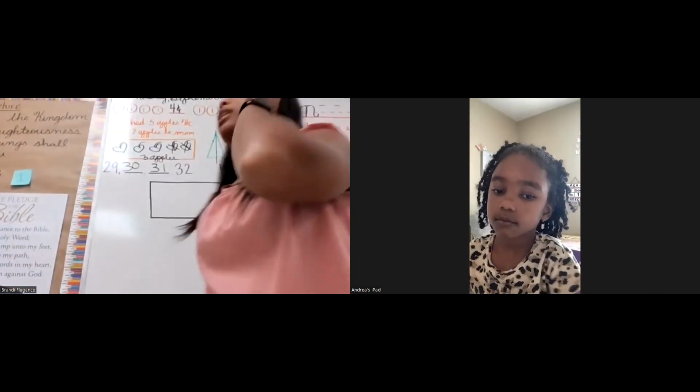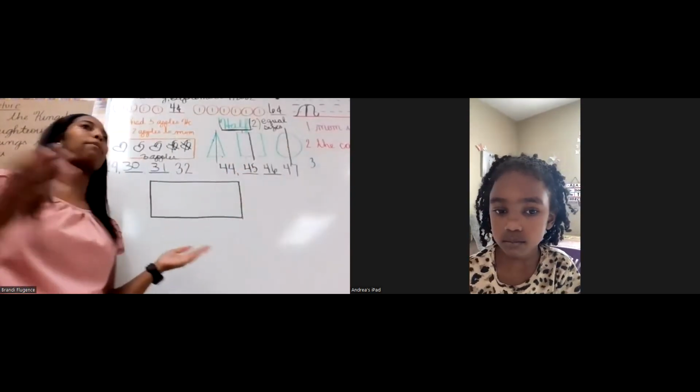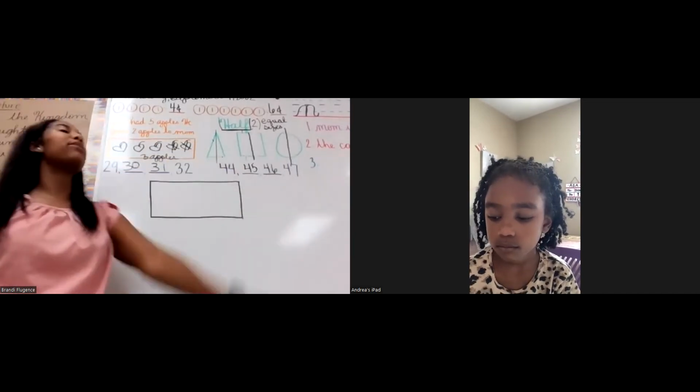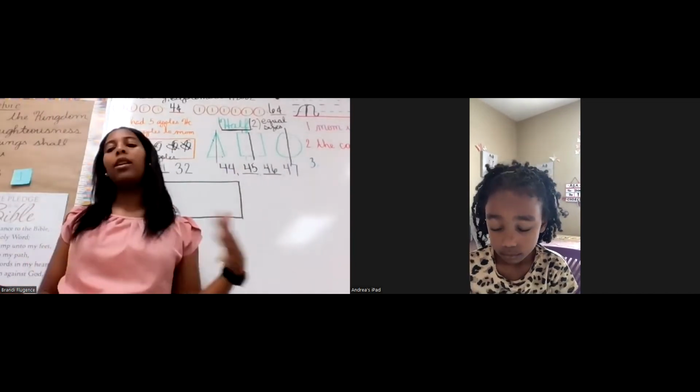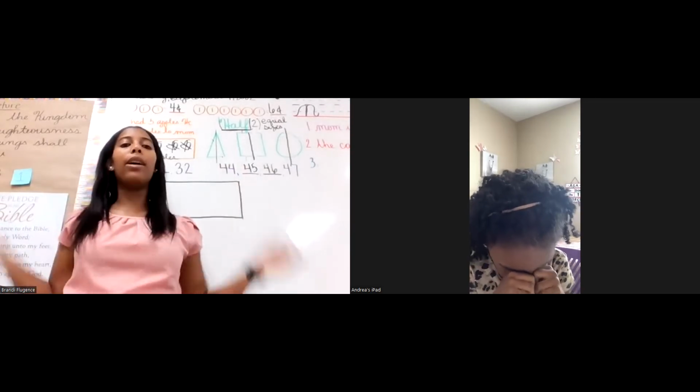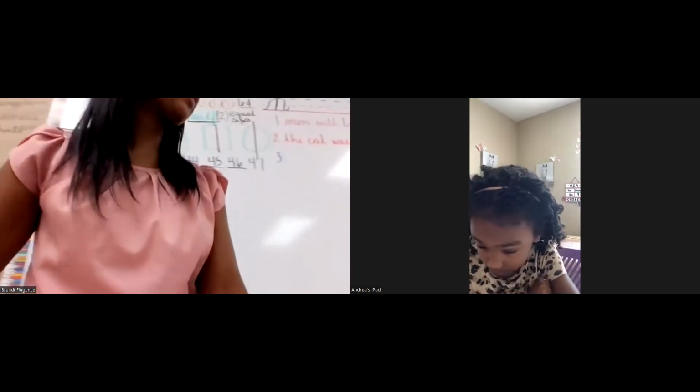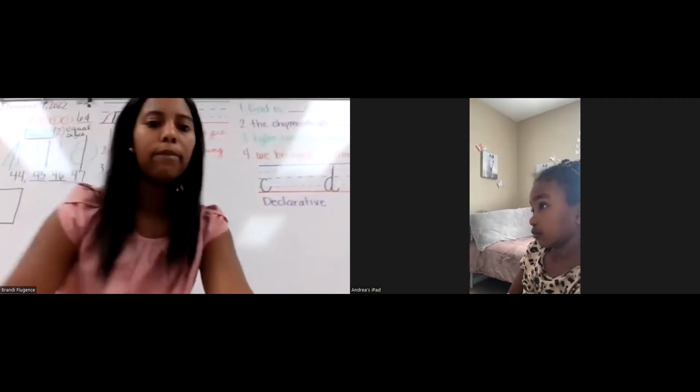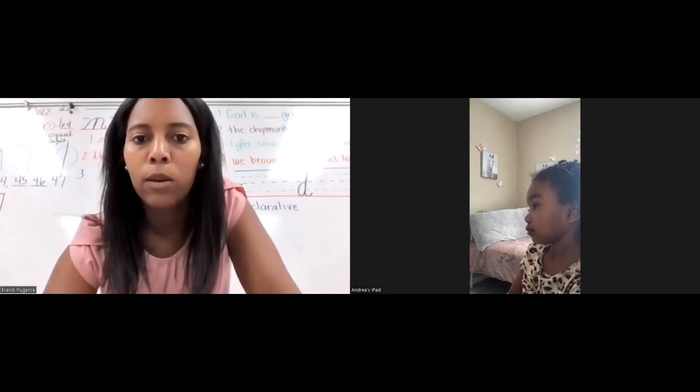Okay, awesome. Thank you. All right, good job, guys. So that is how we divide a shape in half. So that means we will now see this in our book. So now we know what to do. All right, let's move on to our writing. Let's practice our sentences for today. And our letter, we'll practice later.